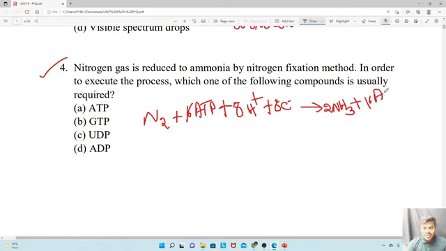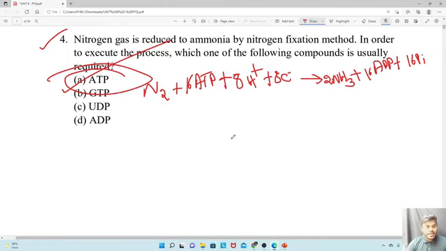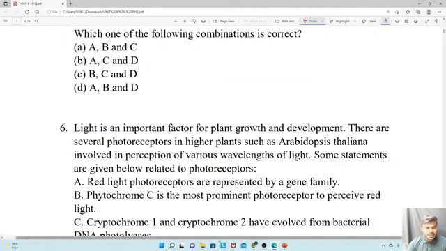Plus 16 molecules of ADP and 16 Pi can be released. We read this equation already. And I told you very clearly, nitrogen fixation is a highly energy consuming process. Obviously they will use an abundant amount of ATP. Amazing. Good.